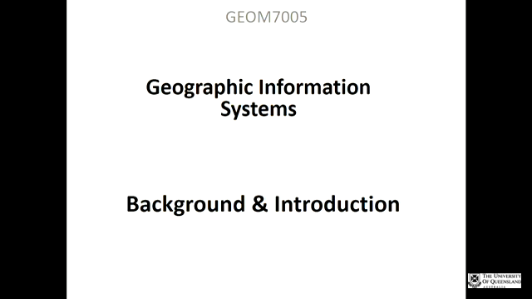I don't know whether that's a good thing or a bad thing, but you can tell me at the end of the course. And so I'm an academic in the School of Earth and Environmental Sciences, and I'm a landscape ecologist by training. I work a lot on environmental management problems and conservation problems. I'm really interested in spatial aspects of decision making.